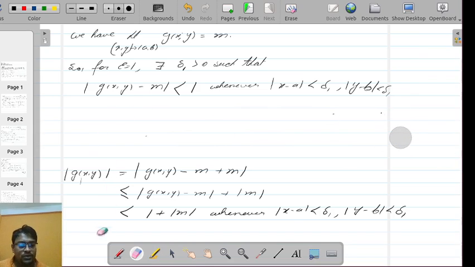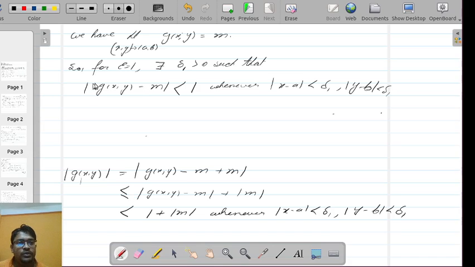So for epsilon equal to 1 there exists a delta 1 which satisfies this, and hence we can write mod of g of xy, which is equal to mod of g of xy minus m plus m. This is less than or equal to this, and this is less than 1 plus mod m whenever this happens.